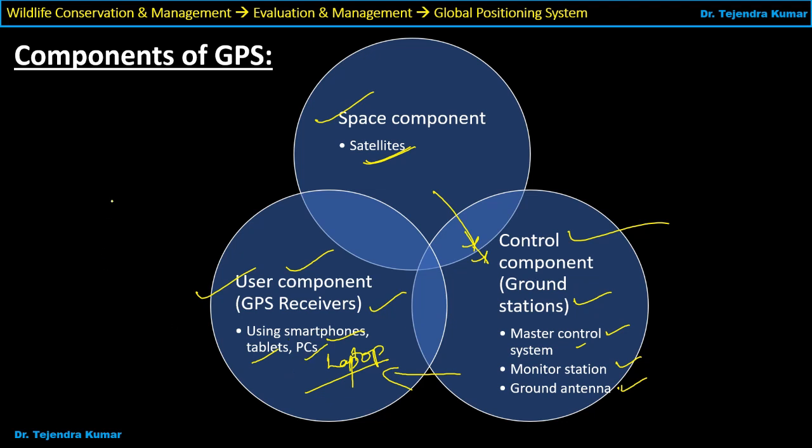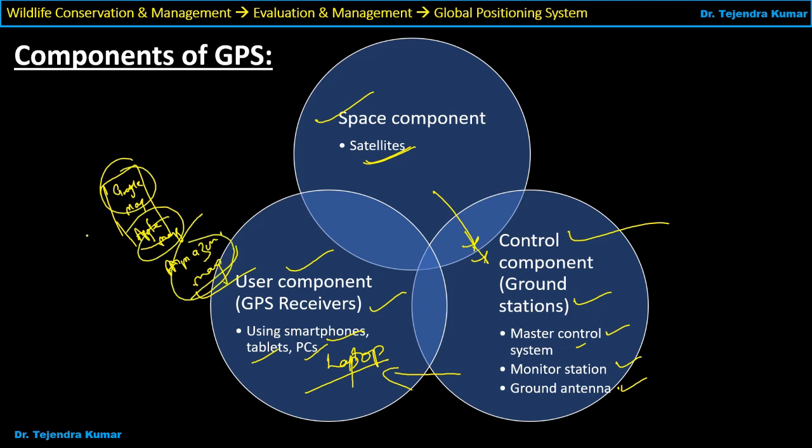If you look at our mobile, you will see there is Google Maps, Apple Maps, Amazon Maps. These are all actually GPS, which you are using. So the GPS system is present in smartphones and smart devices, and similarly in tablets, laptops, and all.